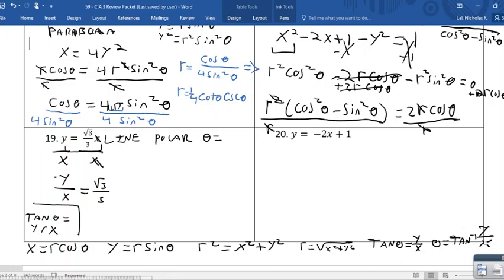So we can replace our y over x with the tangent of theta. So for our next line, we can write the tangent of theta is equal to the square root of 3 over 3. All right? And to find theta, because we're trying to isolate theta right here, we can find the inverse tangent of each side.